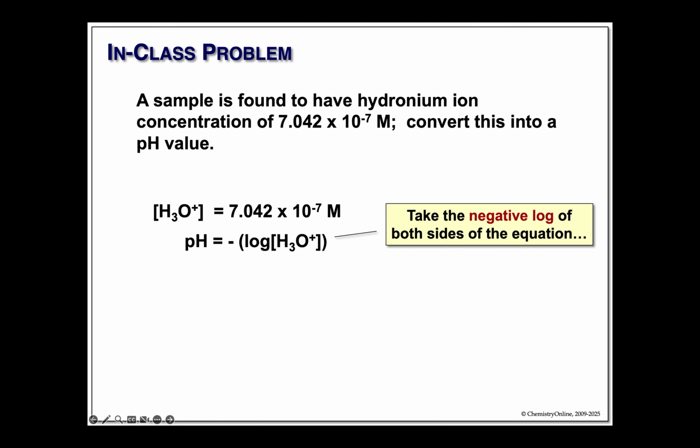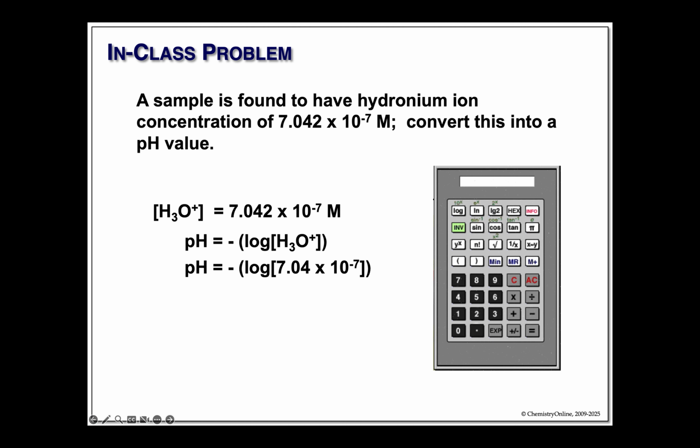So, what I want to do is take my hydronium ion concentration from here, type it into my calculator, and calculate it. Then I hit the magic log button, and I get minus 6.15. Well, that's a minus minus, that's a plus, and that is our pH. Simple as it can be. Any questions?